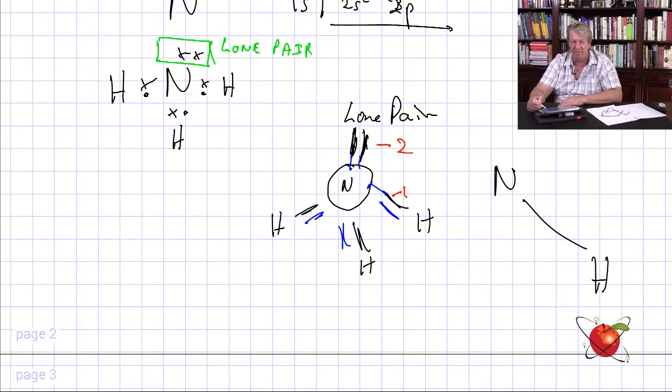On this leg here, this black electron is there all the time. He belongs to nitrogen. He was born with nitrogen and he's going to die with nitrogen. But what about this hydrogen electron here? This electron is shared between these 2, isn't it? So it spends time here and time here.